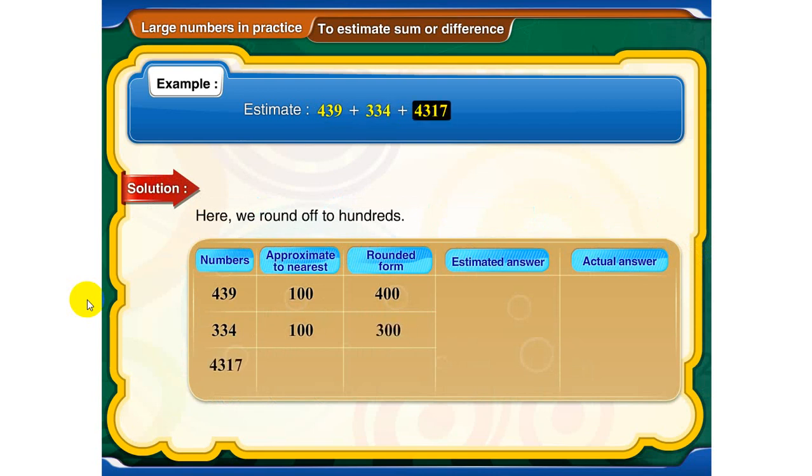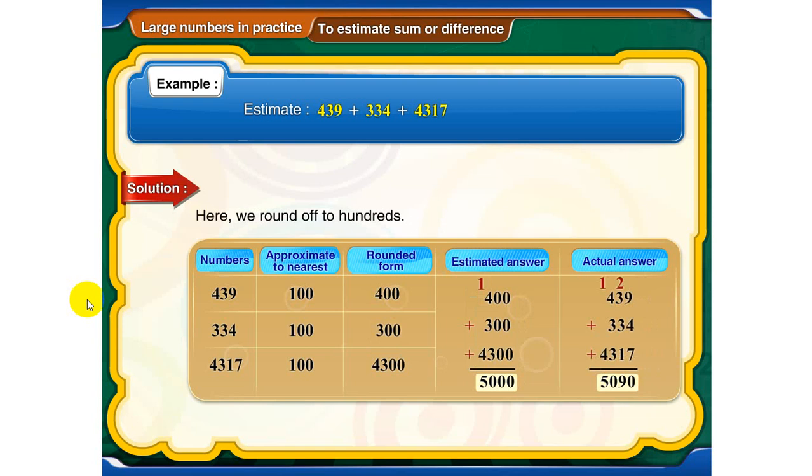And 4,317 rounds off to 4,300. Estimated sum of 400, 300 and 4,300 is 5,000, which is nearer to the actual answer 5,090. So our estimate is right.